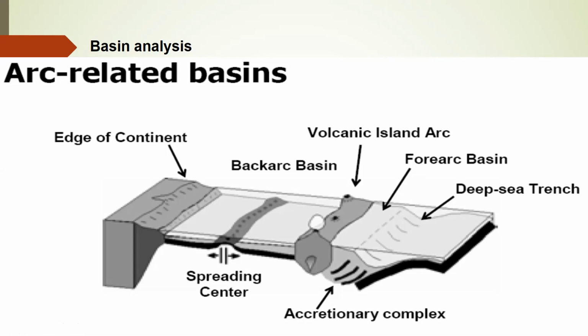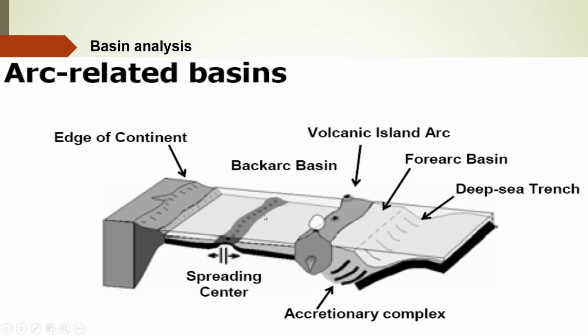Yes. So when magma erupts on the surface, it provides the second wall for the sediments to deposit in a certain area. So the second wall for the back arc basin is provided by the spreading center.